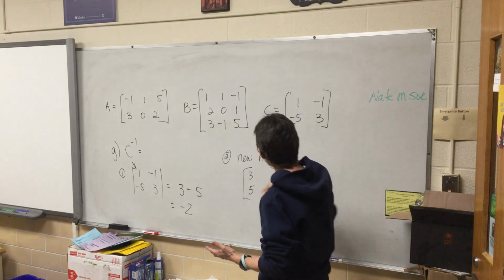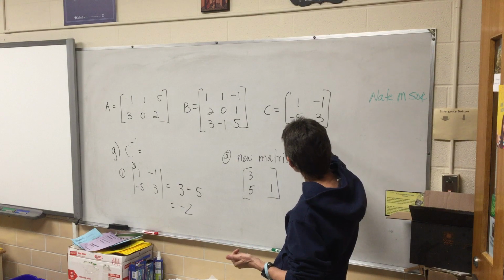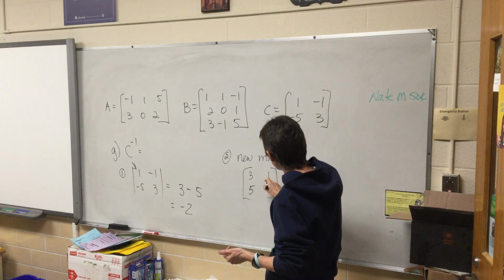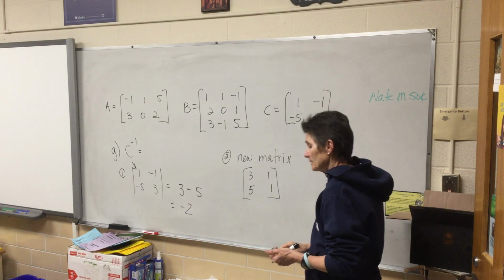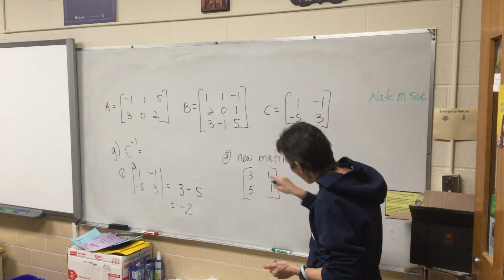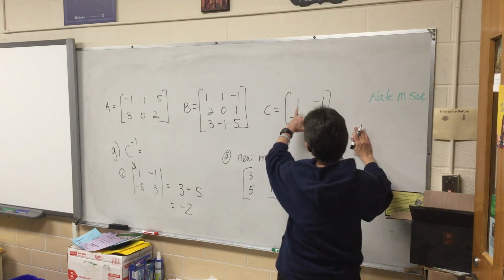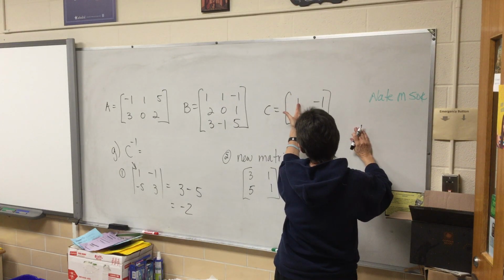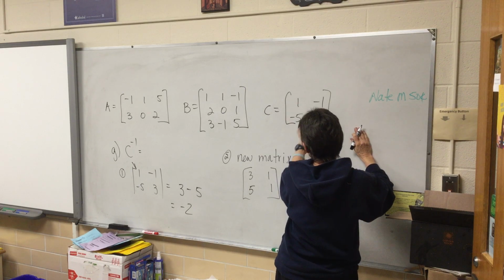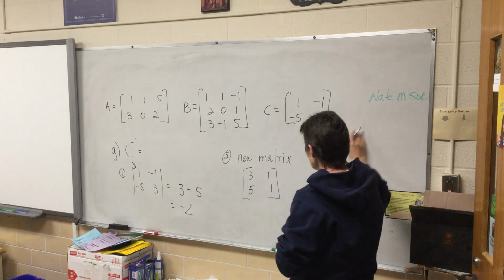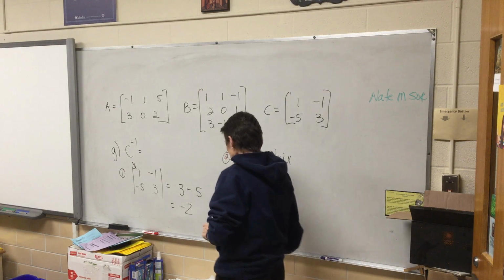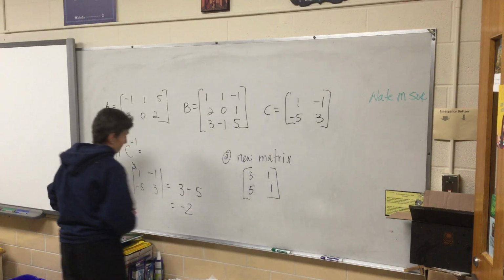They stay in the same spot. The opposite of negative 5 is positive 5, and the opposite of negative 1 is positive 1. So that is your new matrix. These two flip-flopped, and these two, you just make them opposite. Now what? One more piece, and we'll have the whole thing done.